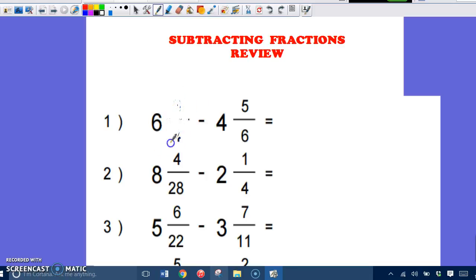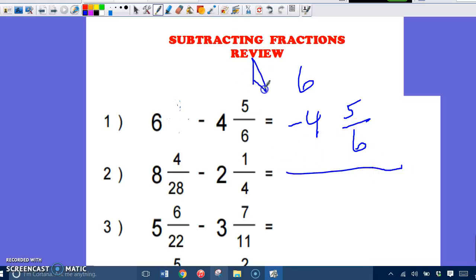Pretending that this one isn't here. And I will tell you, you do have one question in your test that's going to look like this. And if I turn it this way, remember going upside down vertically, I have a 6, no fraction, minus 4 and 5/6. Please remember that you have a problem that will look like this, okay?